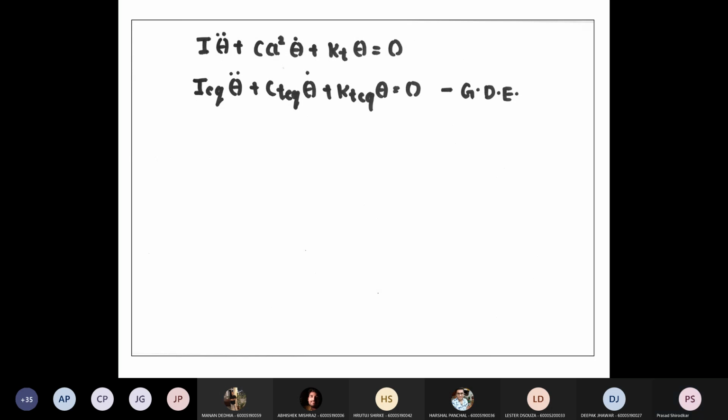This is the governing equation, which is the same as we got by using the D'Alembert function. All right. Any questions? No, sir. All right. So let's continue.